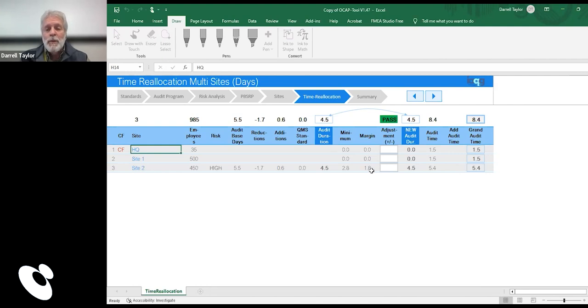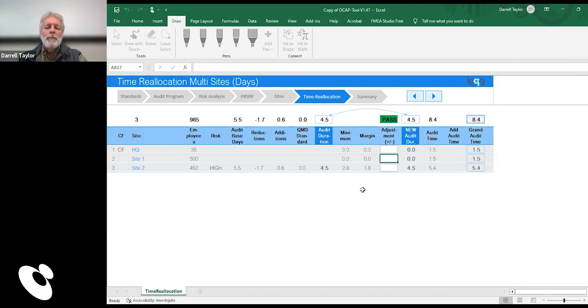In the end, you cannot change the bottom number. So if the total audit is, in our example here, 5, 6, 7, about 8 days, you can't change that, but you can move time around a little as long as you don't violate the minimum, which is 50% of your duration. Do that and you're going to be in compliance with MD5.